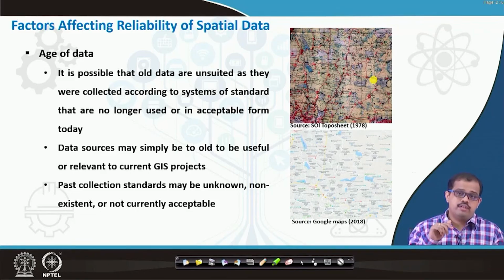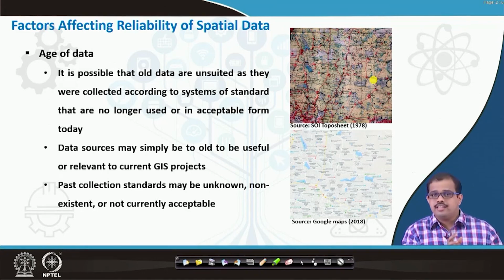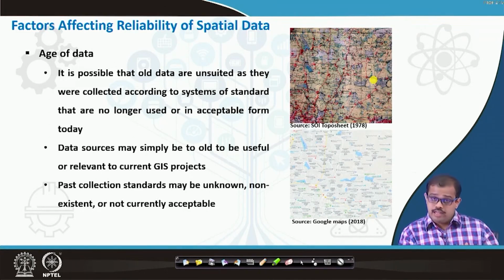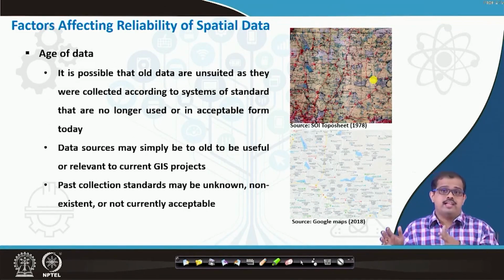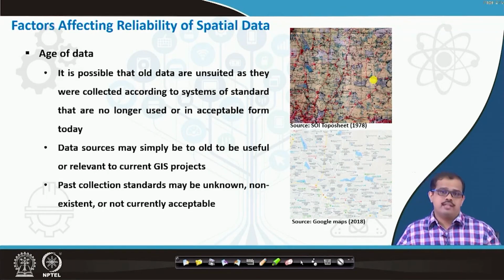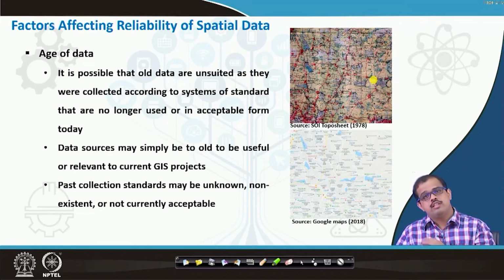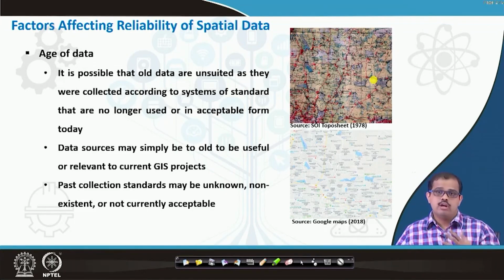Okay, if you are trying to find out what was there in the 1970s and what is not there today, then extraction of what was there, corrected according to today's standards, may be the best model if you are looking at the old data versus the new data. Okay, the corrected data can then be used to compare with the new data. So what kind of correction can be done can be very well known to a GIS user.